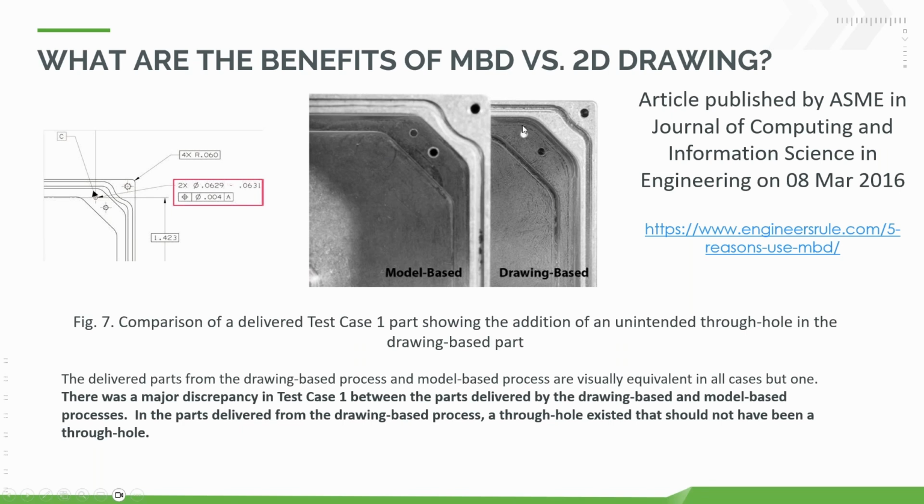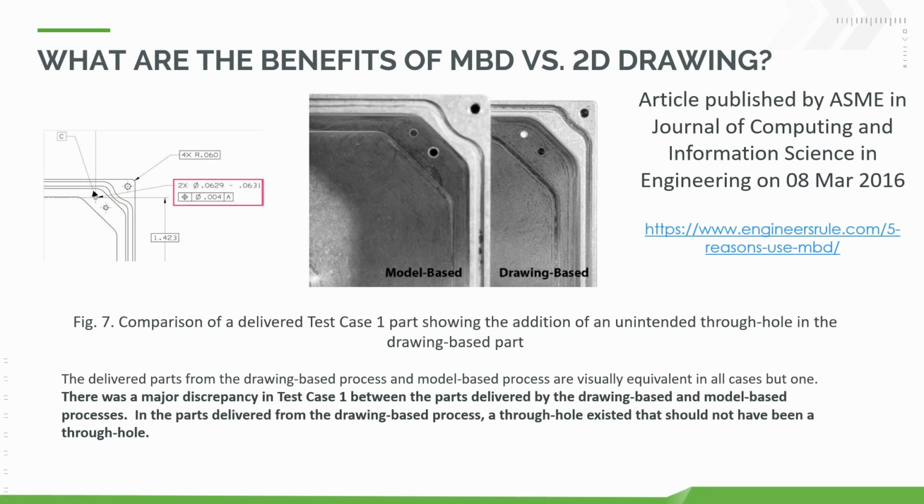What we're focusing on here is this hole. With a drawing-based definition, this was actually created with a through hole. However, with a model-based definition, it was not a through hole. It's not what it was meant to be.